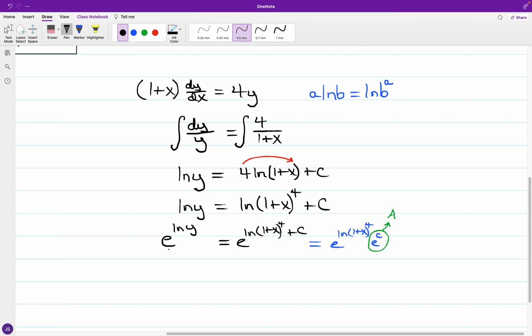So we have on the left e to the natural logarithm of y, this will go to y. And from e to the c I have a, times e to the natural logarithm of the quantity of 1 plus x, all raised to the 4th power. So we have y is equal to a times the quantity of 1 plus x to the 4th.